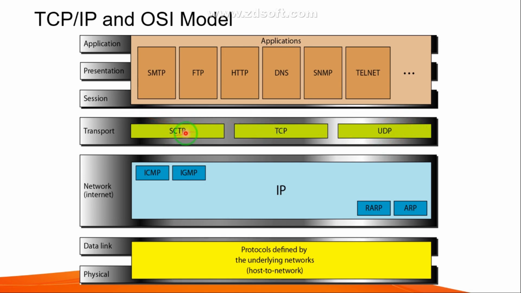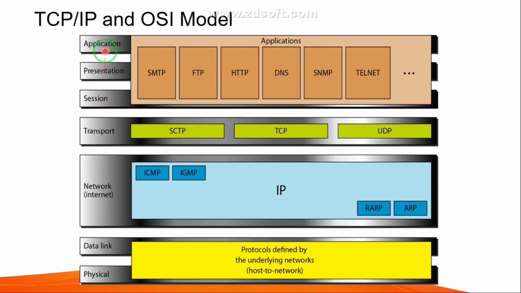And SCTP is the Stream Control Transmission Protocol, which is designed to respond to new applications that are emerging nowadays in multimedia. And last is the application layer. So you can find the difference from the OSI model.